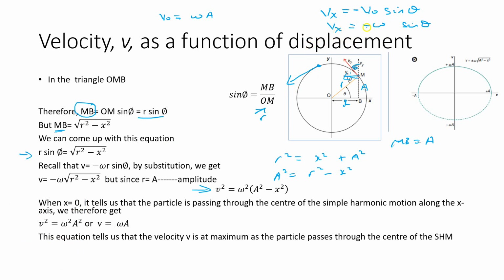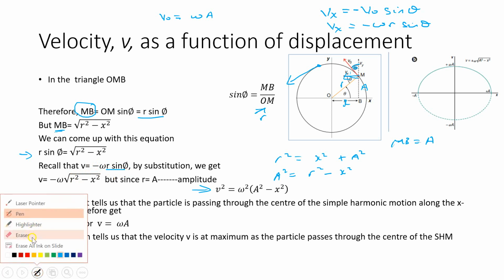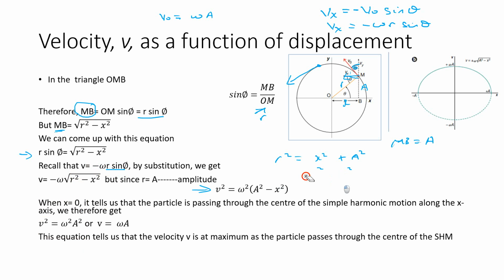V of X is equal to minus omega times R sine theta, because you're going to realize there's going to be a substitution, since we said that R times sine theta is equal to the square root of R squared minus X squared. So by getting this equation here, we're going to substitute for R sine theta.